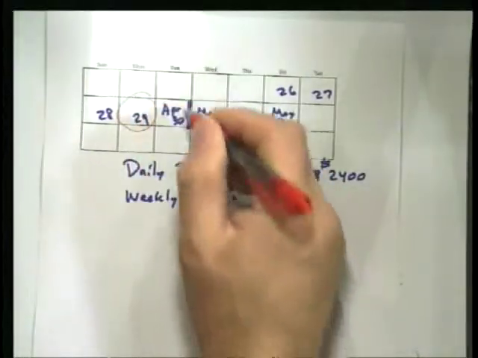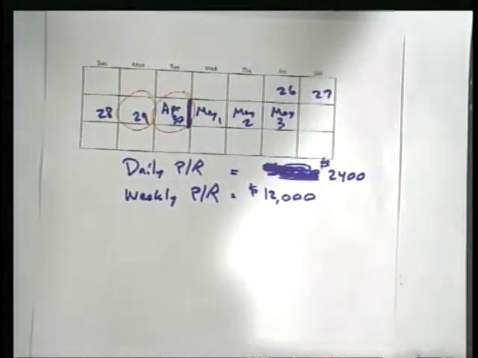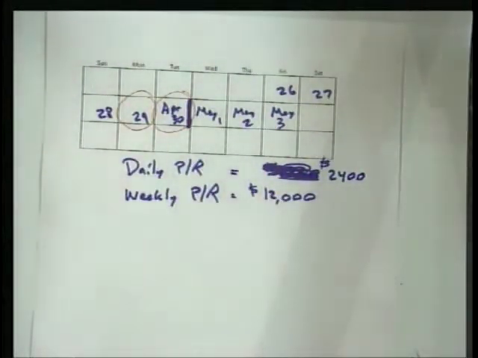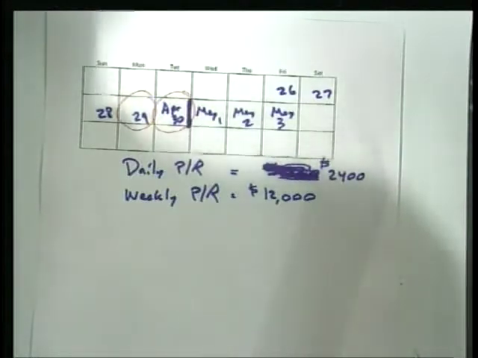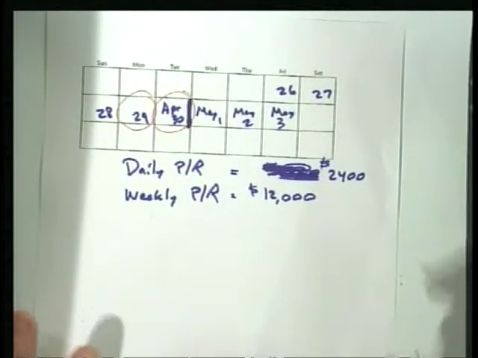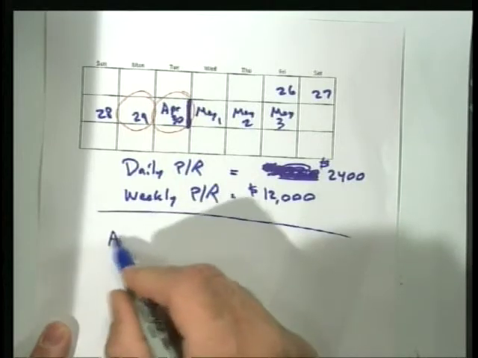This day and this day, correct? So we need to book 2 days worth of payroll here, correct? So what is 2 times the daily payroll? 4,800.